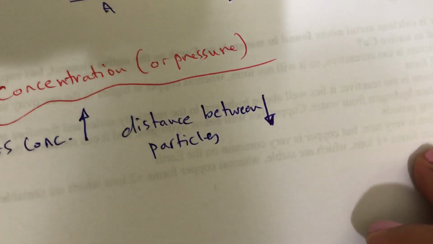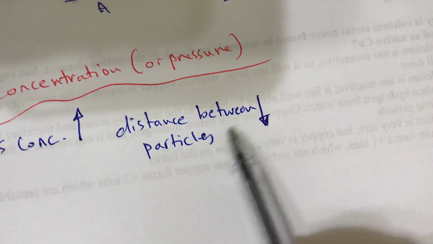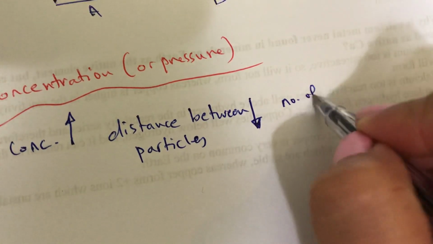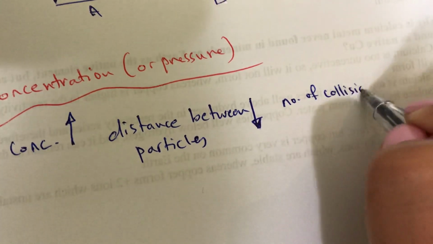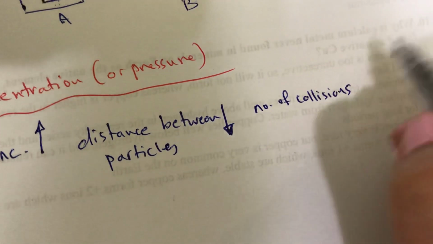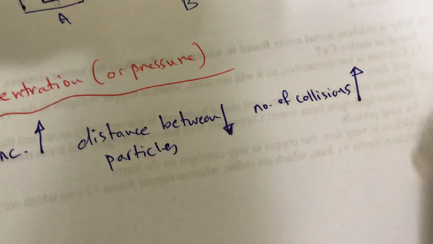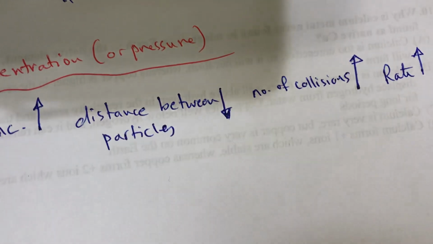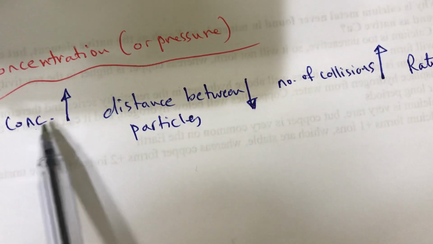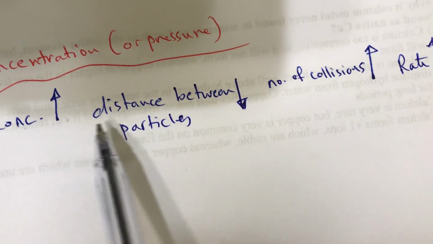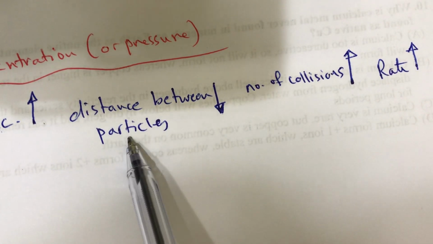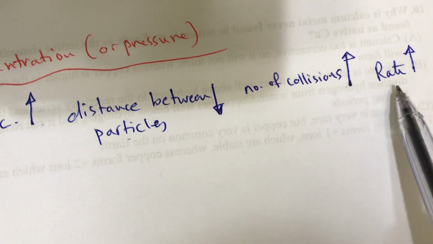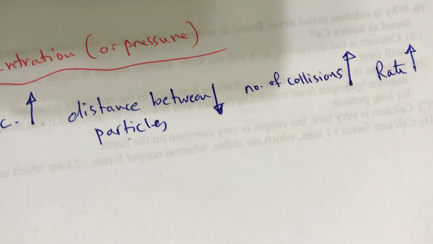So when particles become closer to each other, number of collisions between particles increases, so the rate of reactions increases. Again, as concentration increases, distance between particles decreases, so number of collisions between particles increases, so the rate of reactions increases.